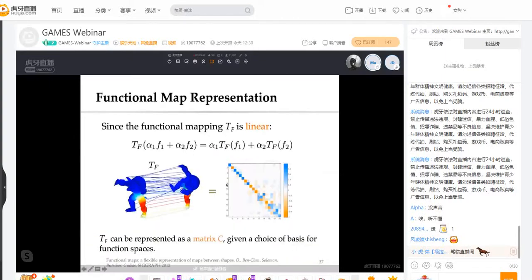We have some underlying functional transformation that takes functions on one shape to functions on the other shape, and we can express it as a change of basis matrix, between the eigenfunctions of the Laplace-Beltrami operator on one shape and another basis on the target shape. This matrix allows you to take a function expressed in one basis and produce the corresponding function expressed in the other basis. This matrix C is exactly what is called a functional map.